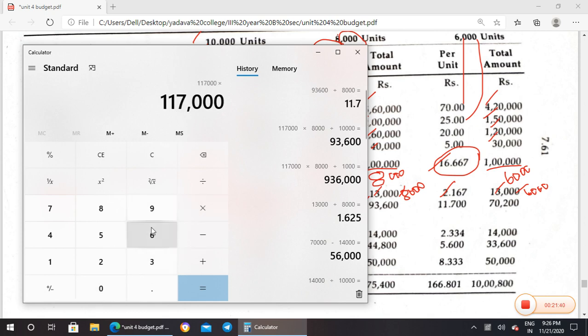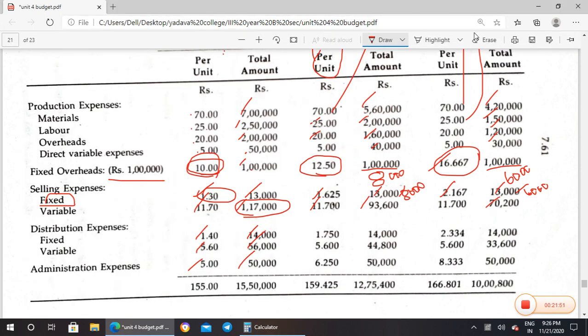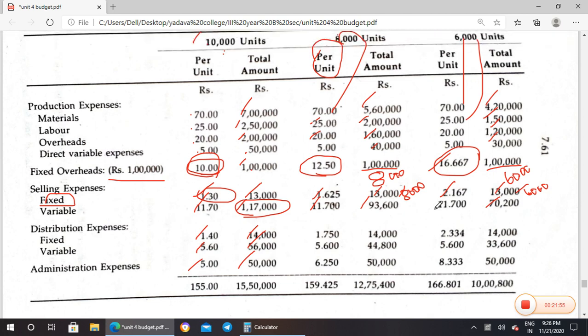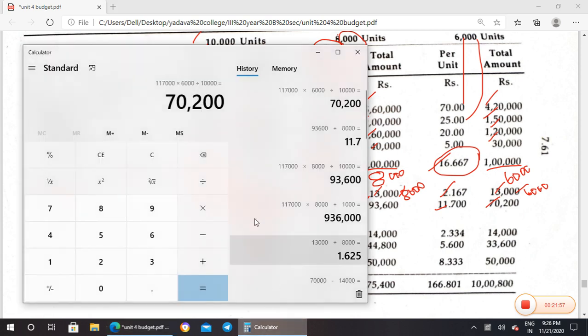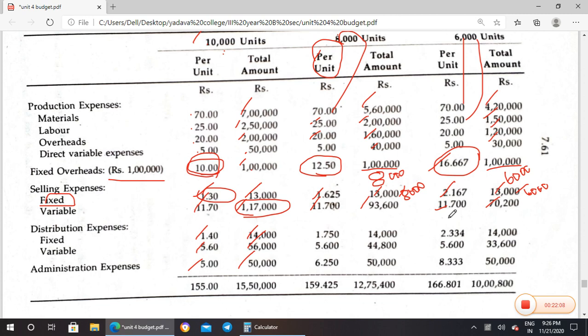So what we have to find is for 6,000 units, given units is 10,000. So 70,200 we got now. So 70,200 should be divided by the given 6,000 units, you will be getting the per rate. I'll show it again. 70,200 is given. So divided by 6,000, you will be getting 11.7 as the per unit rate.